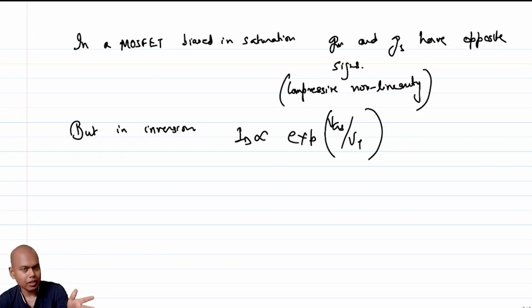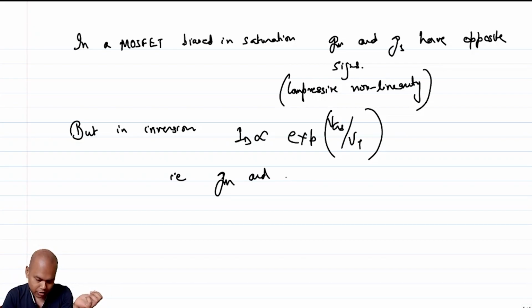Then you have some other terms, but the key thing to note here is that if your ID is proportional to e to the power VGS, all the derivatives, dIDS/dVGS and so on, will all be positive, i.e. GM and G3 have the same polarity.